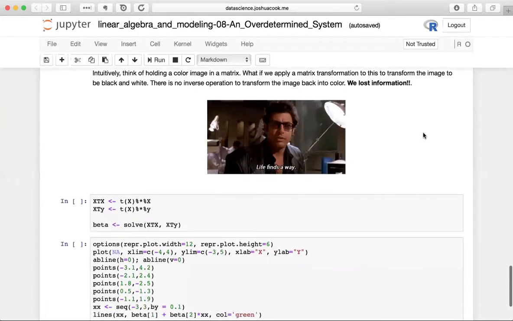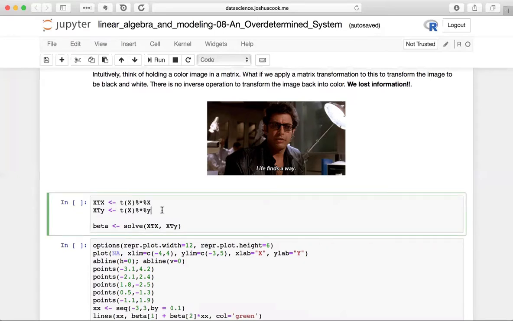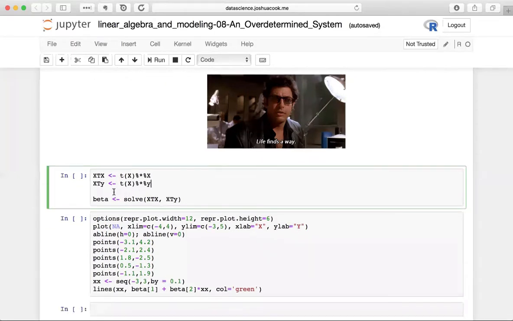So how are we going to solve this? Well, we've got Dr. Ian Malcolm from Jurassic Park telling us that life finds a way. So what I'm going to do is this fancy process where I'm going to multiply both sides by the transpose of x.